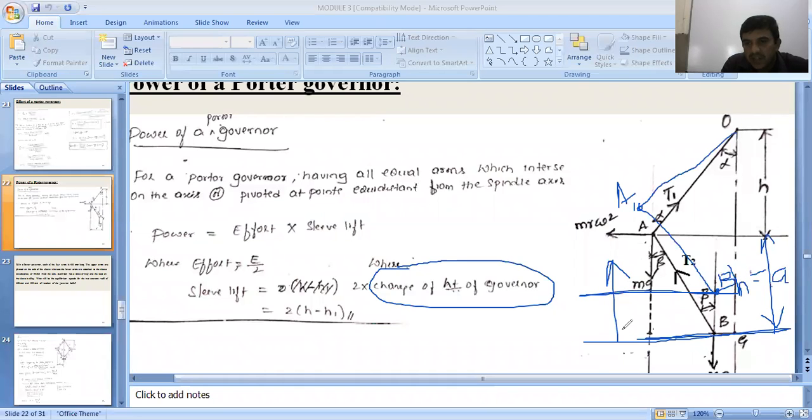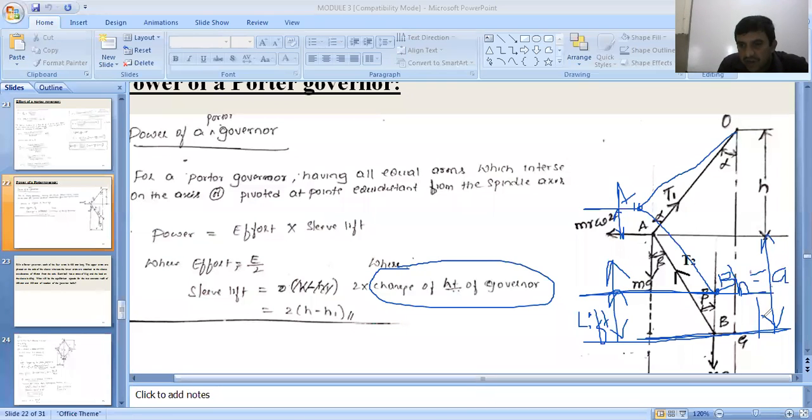This is the sleeve movement, this is the lift. What's the total sleeve lift here? The sleeve movement is the height of the governor.